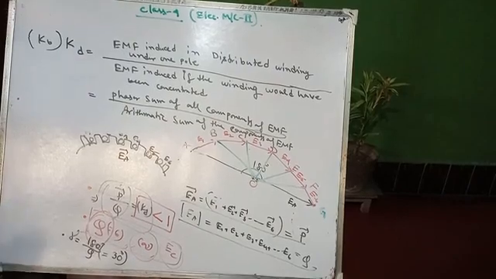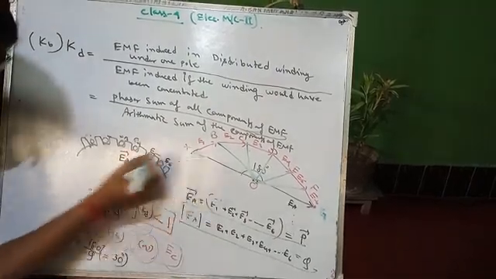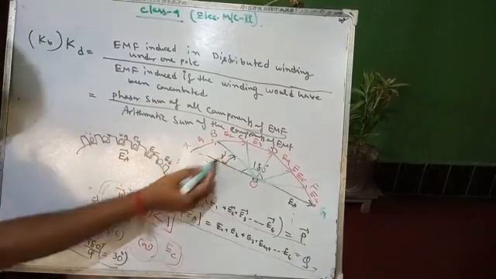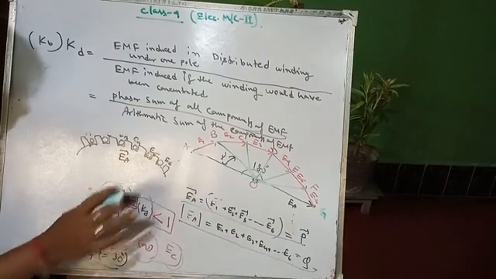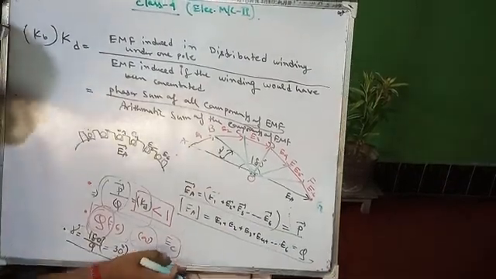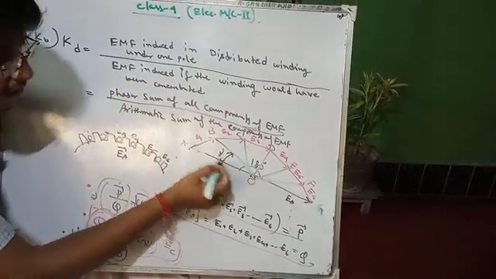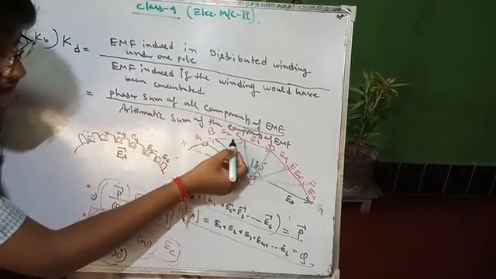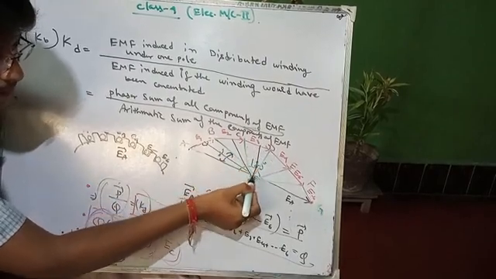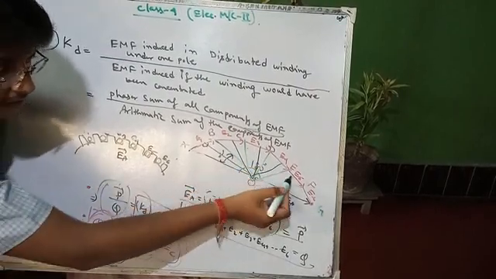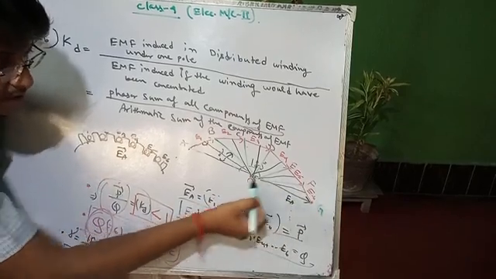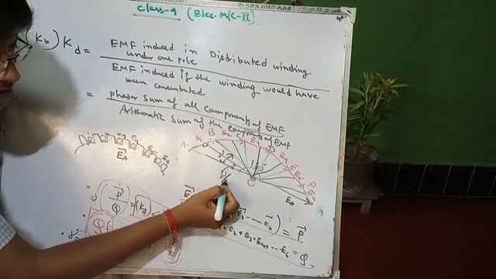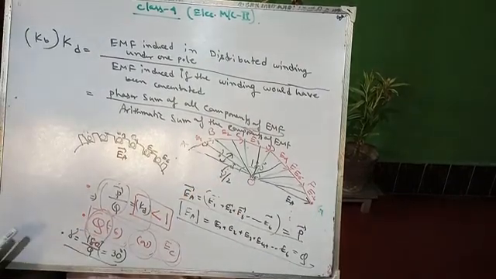The angle between them is gamma, 30 degrees in this case, but in general we take gamma. Now draw a perpendicular at each, and this angle will be gamma by 2.